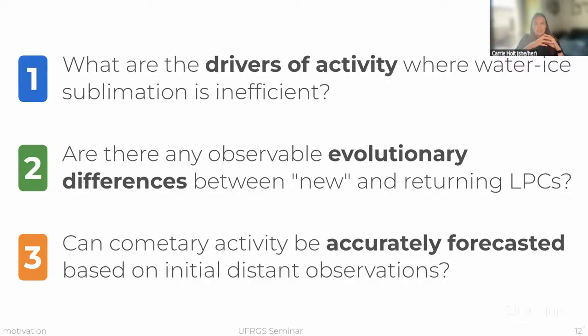Is there any observable evolutionary difference between new and returning long period comets? Can we see how and why these comets are different? And lastly, can cometary activity be accurately forecasted based on just initial distant observations?